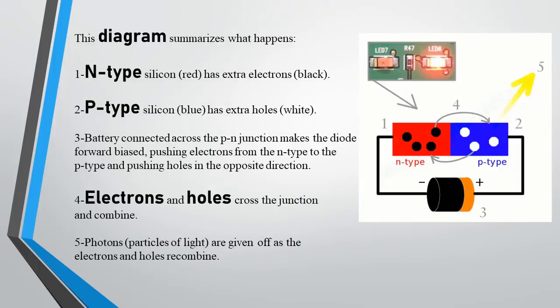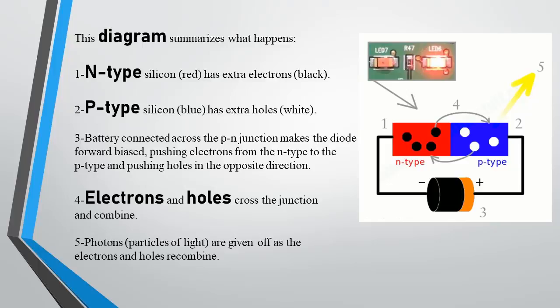This diagram summarizes what happens. N-type silicon, which is red, has extra electrons, which are black. P-type silicon, which is blue, has extra holes, which are white. A battery connected across the p-n junction makes the diode forward biased, pushing electrons from the N-type to the P-type and pushing holes in the opposite direction.